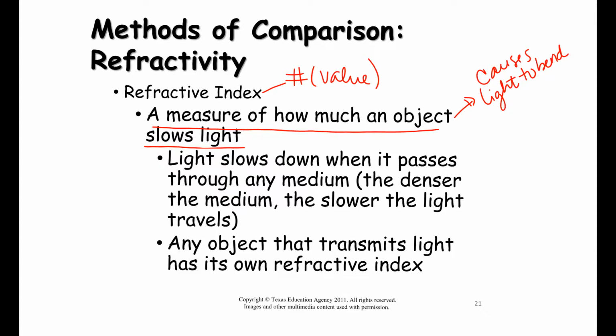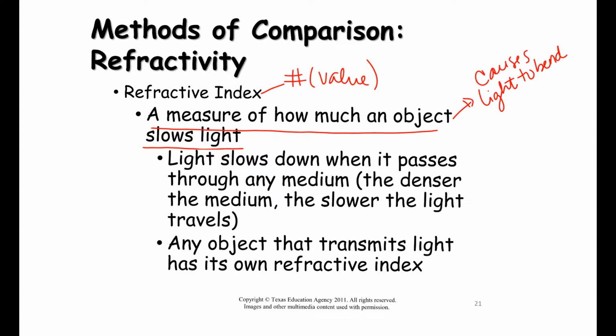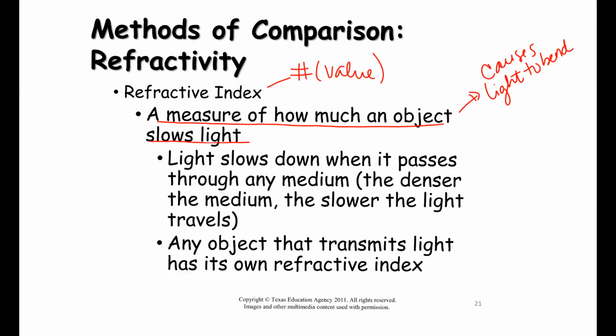Okay, another way to think of this is that it causes light to change direction. Think of if you've ever dropped sunglasses or anything really in a swimming pool and you reach over to pick it up.